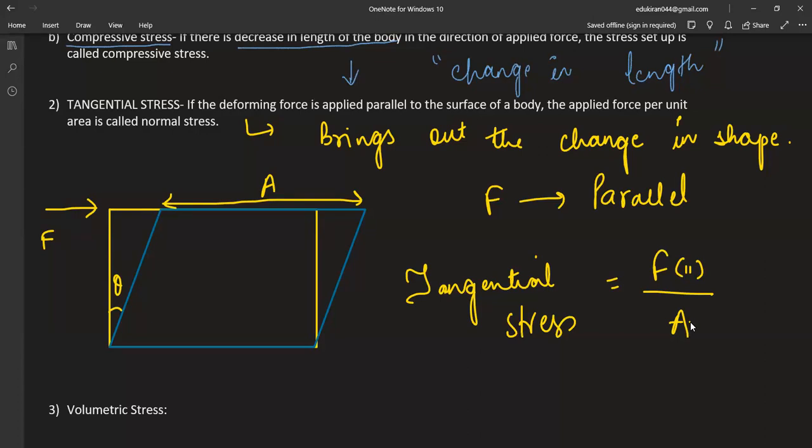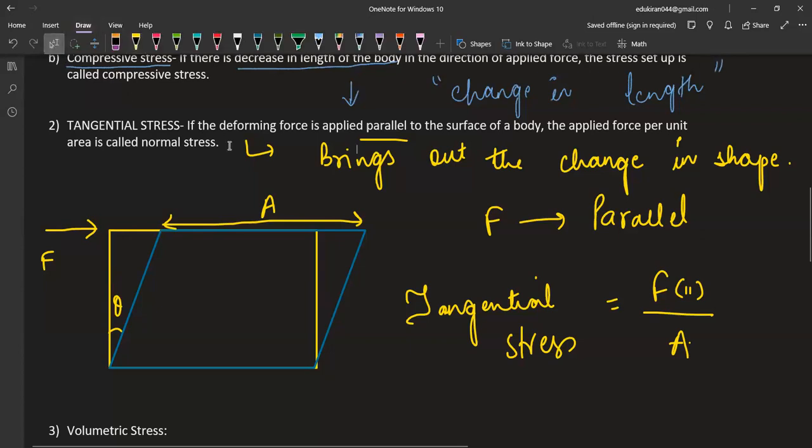The SI unit will also be the same, Newton per meter squared. So if the deforming force is applied parallel to the surface of the body, then the applied force per unit area is called tangential stress.